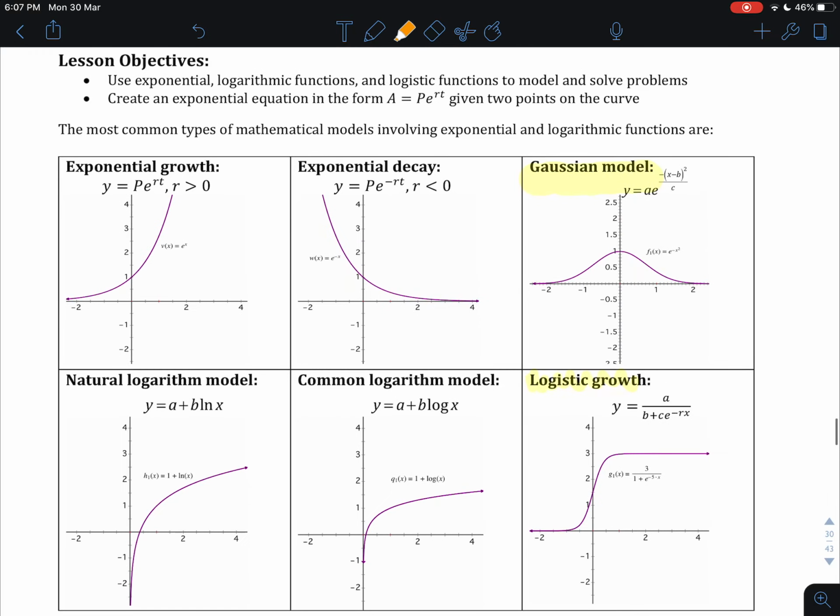We start off with our exponential growth model, and what we should know is that e, of course, has a numerical value which is larger than 1, and so we have an exponential growth function with a horizontal asymptote at y equals, or f of x equals, 0.